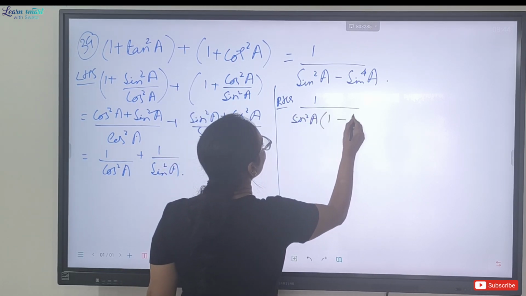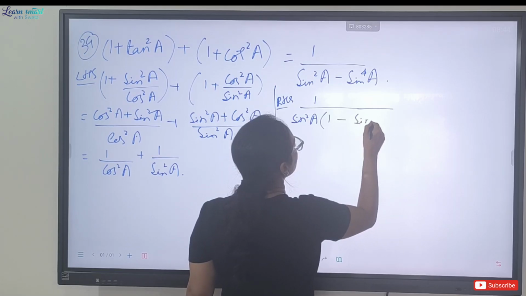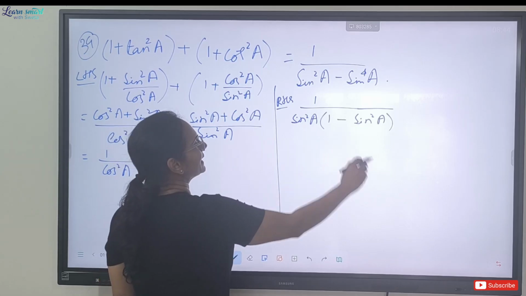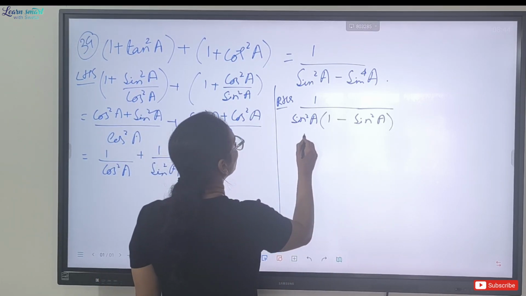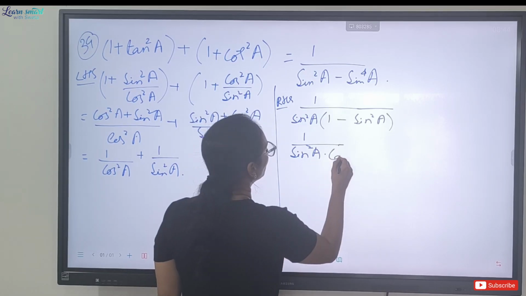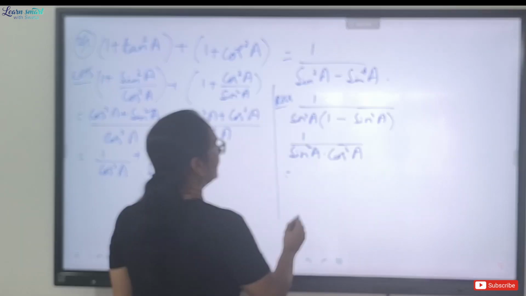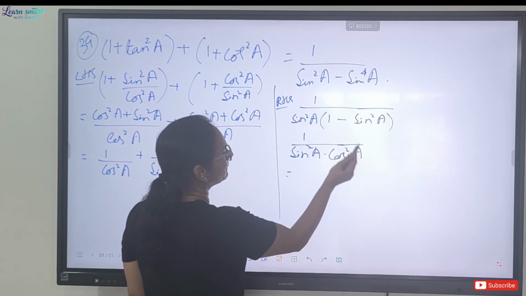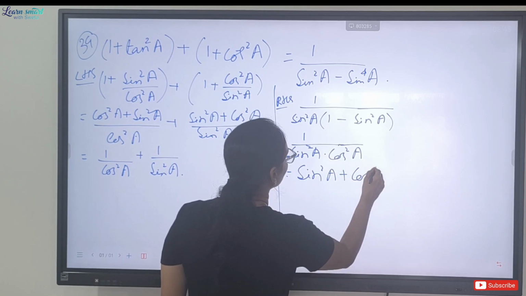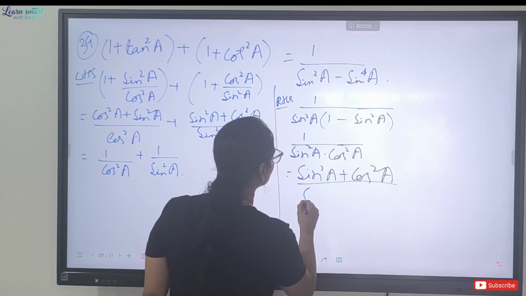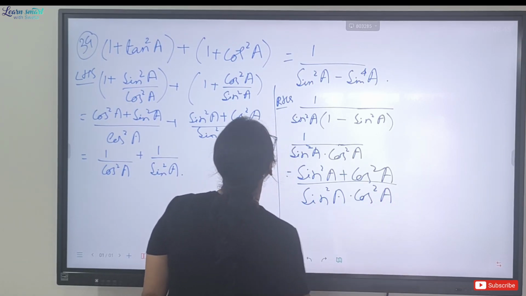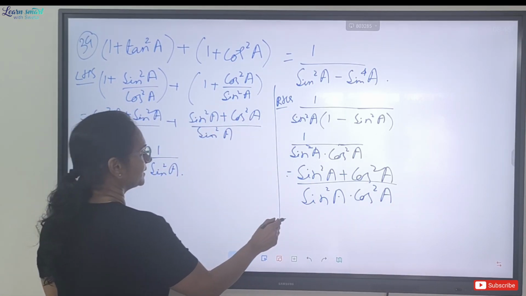So we will get 1 minus sin square A. And 1 minus sin square A we can write cos square A. So we will write 1 by sin square A into cos square A. Now we can write 1 as sin square A plus cos square A. So we will write sin square A plus cos square A upon sin square A into cos square A. Now if we split it, so what we will get?